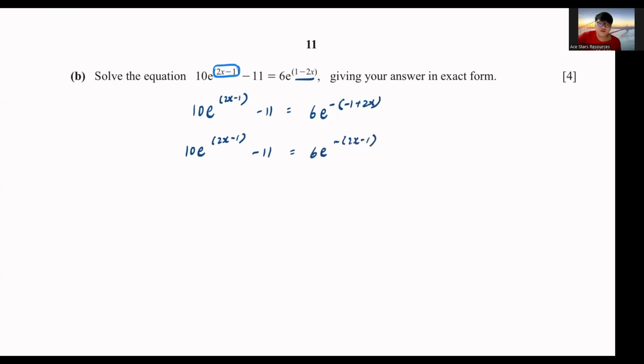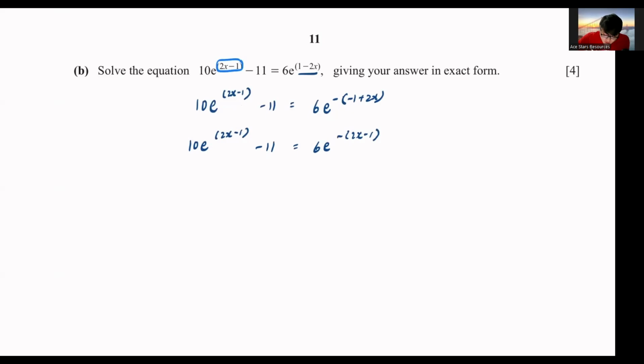But of course, you're not going to deal with something like this, so we would recommend students to substitute something that looks like this. Let e to the power of 2x minus 1 be maybe a, something that looks quite simple. So the entire e to the power 2x minus 1, you just have to change into a.